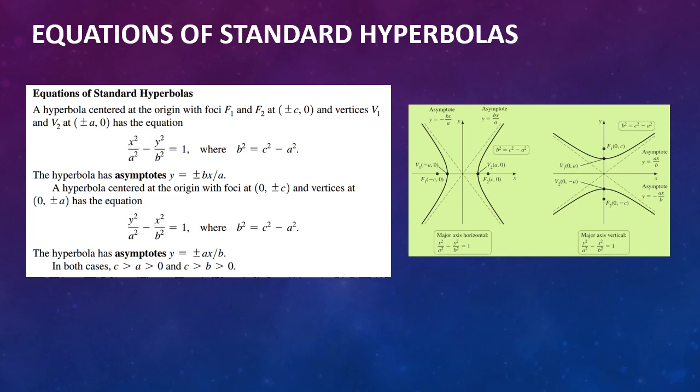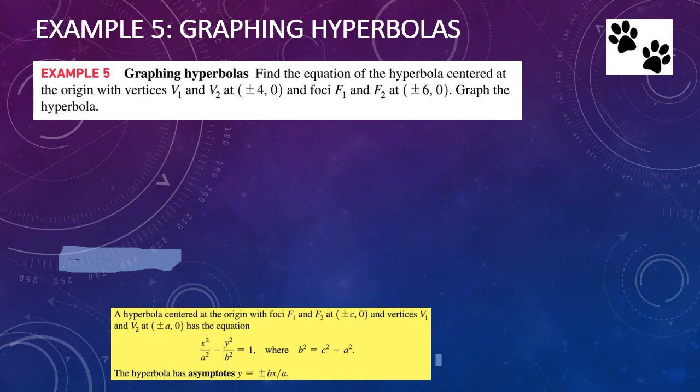So let's try an example now, just like we've done with each of the other two conics. Graphing hyperbolas: find the equation of the hyperbola centered at the origin with vertices V1 and V2 at plus or minus 4, 0, and foci F1 and F2 at plus or minus 6, 0, and graph the hyperbola.